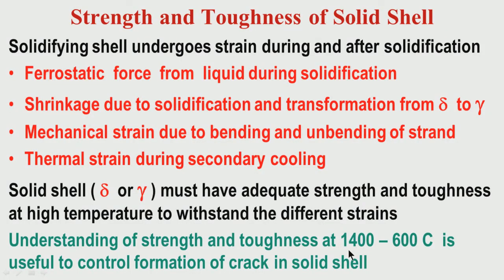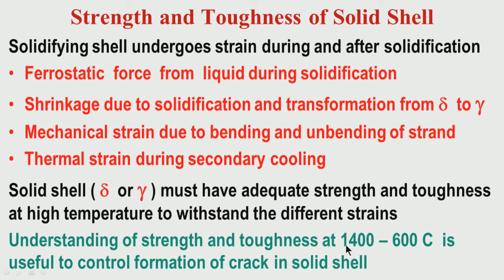But even after solidification is over, that means the whole solidification is completed, you have only solid shell. The solid shell is now coming down the caster, the temperature is also coming down, but there are certain temperature zones, I will come to it later, which are relatively brittle. That means it cannot withstand stresses or strains in those temperature regions. So that is why we have to be careful not only during solidification, but even at temperatures lower than solidification.